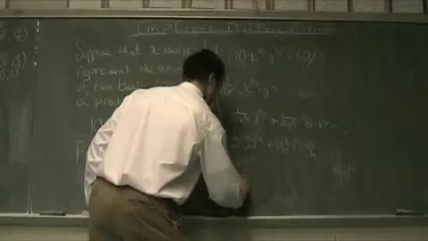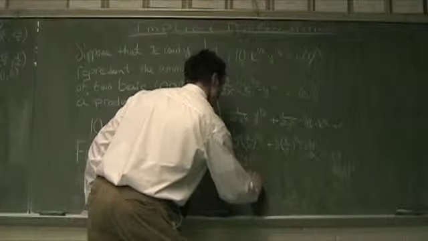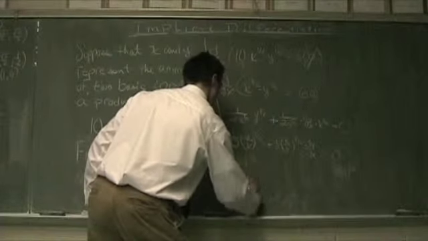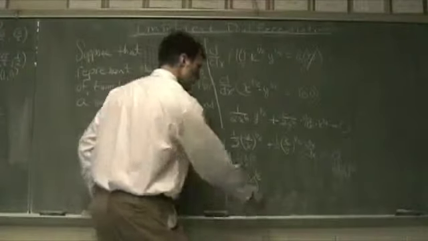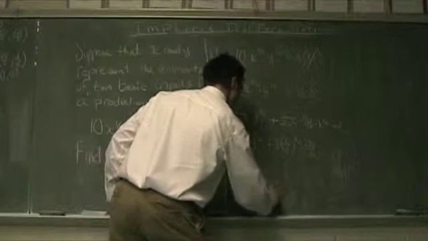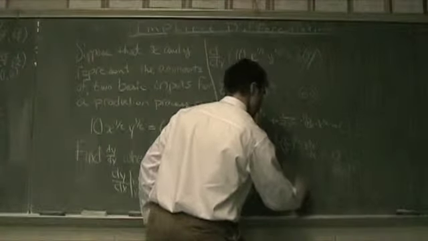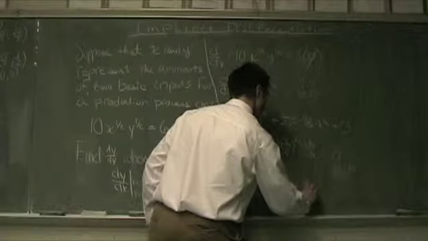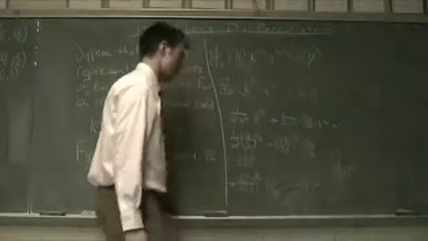That gives me 1/2 of x over y to the 1/2 power times dy over dx, and it's equal to negative 1/2 times y over x to the 1/2 power.